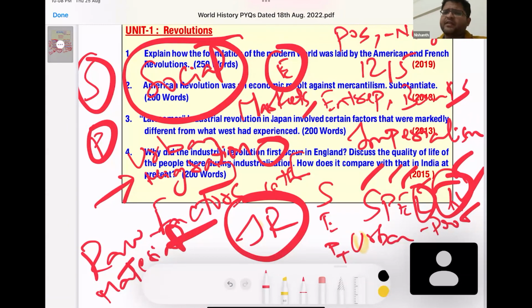And you can bring in the angle of climate change also. In the conclusion, in one word, you can bring in the concept of climate change.